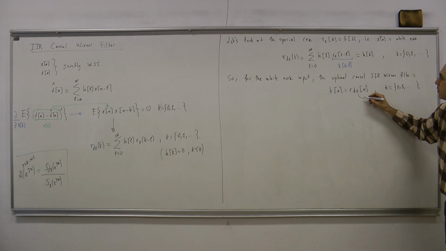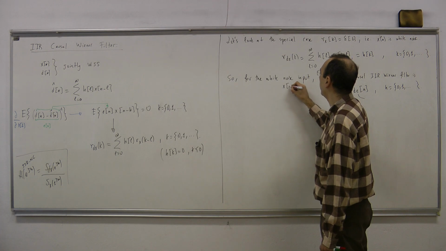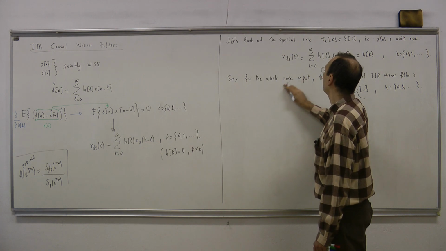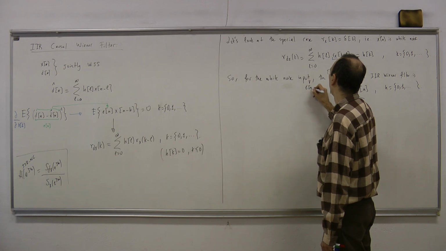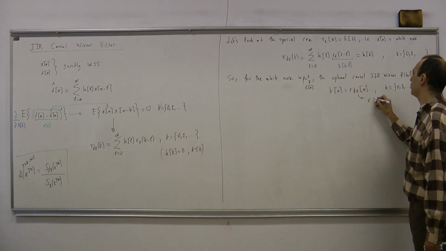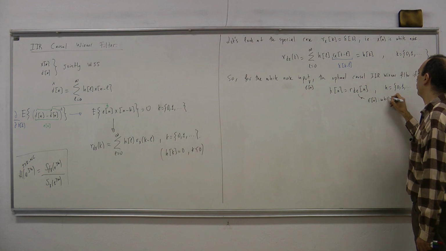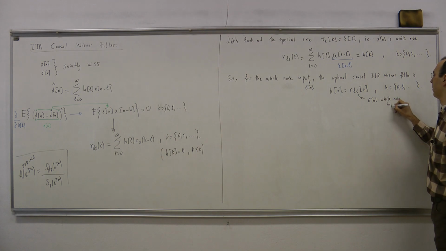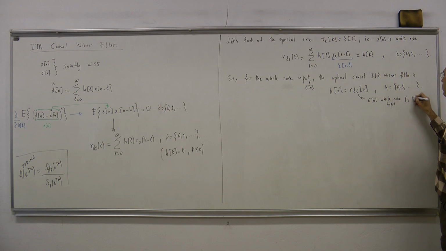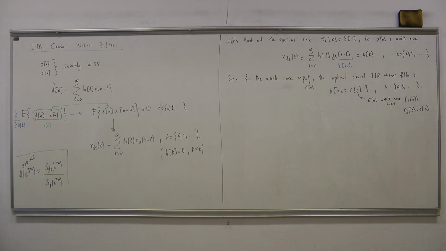For the white noise input, let me write x of n as epsilon of n. This is our white noise input. Previously I was calling this x of n in this explanation, but in other words, our R epsilon of k is delta k. So instead of x, I'm using epsilon this time, just to show that it is white noise. It is a very special case. So the problem is solved for this case.